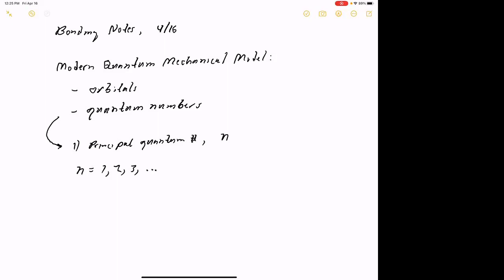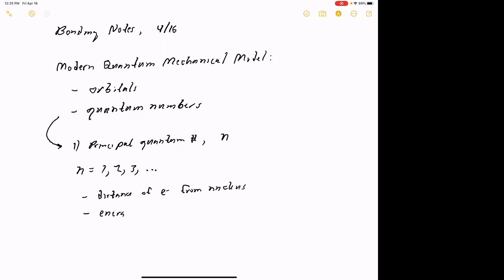Now, what does this tell us? It's very similar to the quantum number that we used in the Bohr model of the atom. It defines two things. The first is the distance of the electron from the nucleus, same as in the Bohr model. The second thing it tells us about is the energy of the electron.